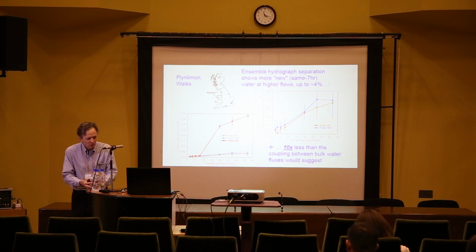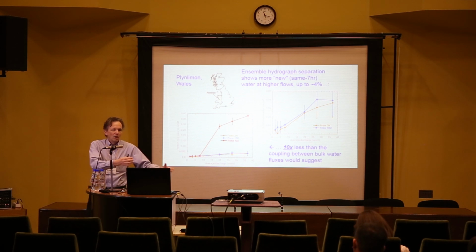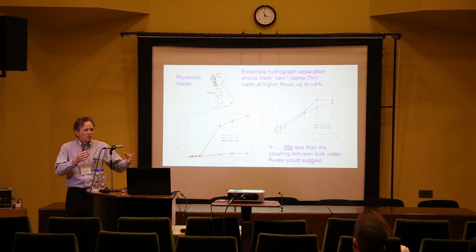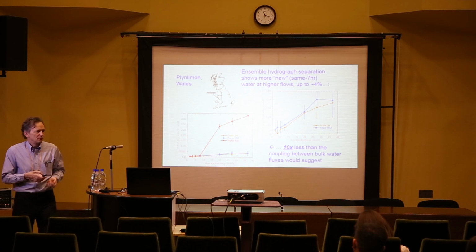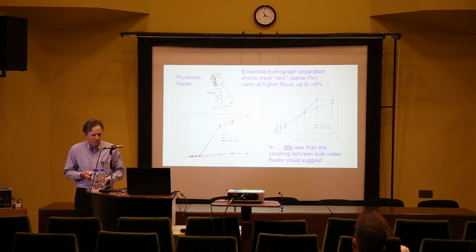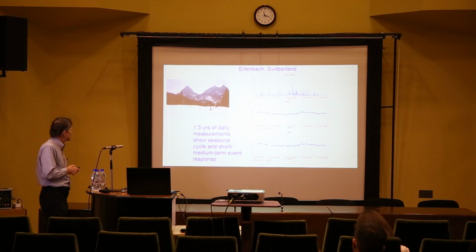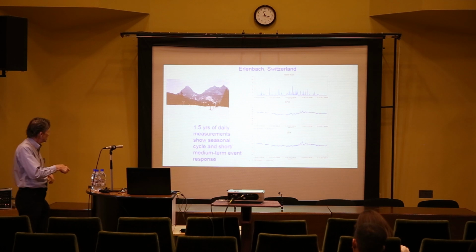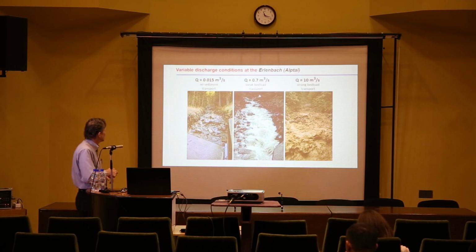Meaning that catchments, landscapes, transmit the pressure waves of rainfall events much faster than they move the water itself, which a number of people have understood for a number of years, but it's been very difficult to quantify. Now to our favorite place in Switzerland, this place called Erlenbach, where again we have some daily measurements of isotopes in precipitation and stream flow.